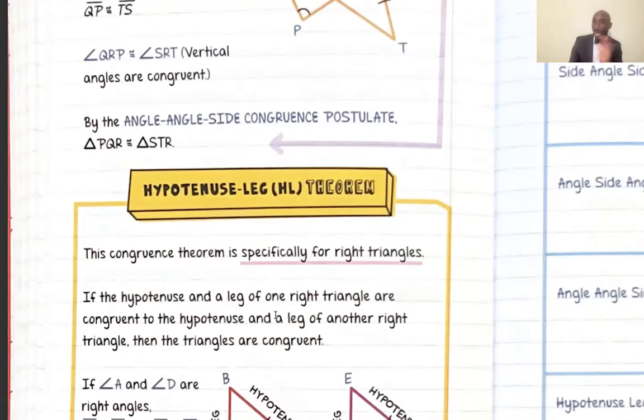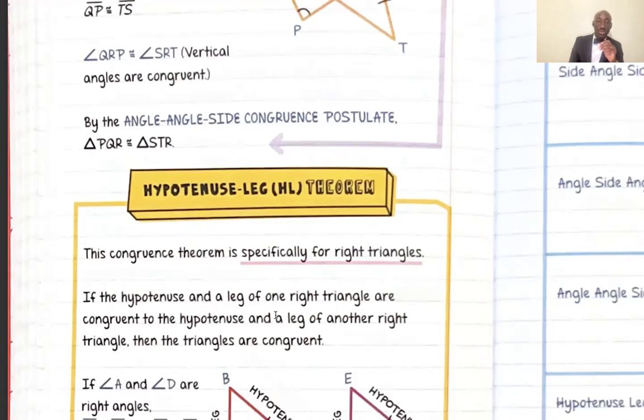It's never hypotenuse leg when it's not a right triangle. It also doesn't mean that you can't use side, side, side, angle, side, angle, or angle, angle, side for right triangles. It just means that when you have a right triangle, all you need is hypotenuse leg.